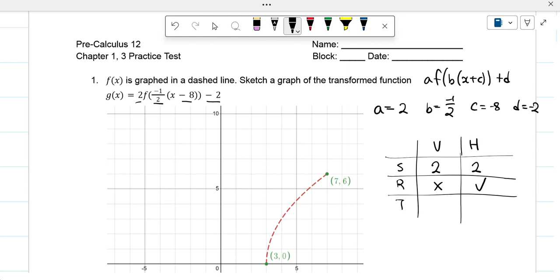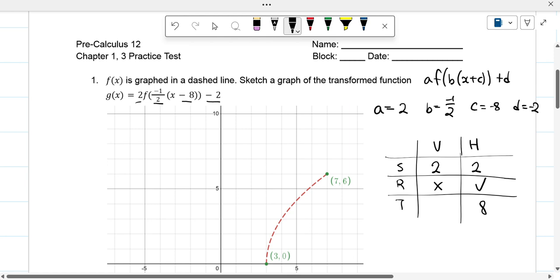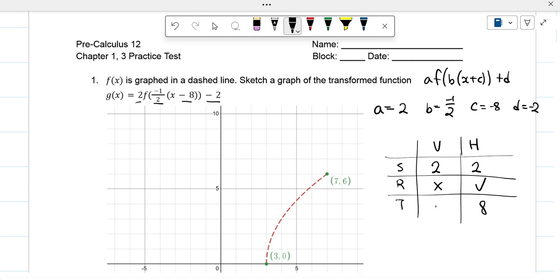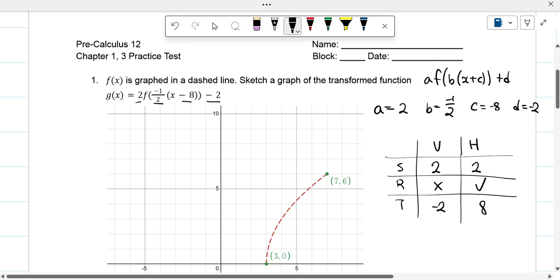Now that I know the first 2 rows, let's figure out the translation. My c value is negative 8. What does that tell me about my horizontal translation? Well, negative 8 means that, for horizontal, counterintuitively, it moves to the right by 8 units. And finally, the d value tells you about the vertical translation intuitively, so it's negative 2.